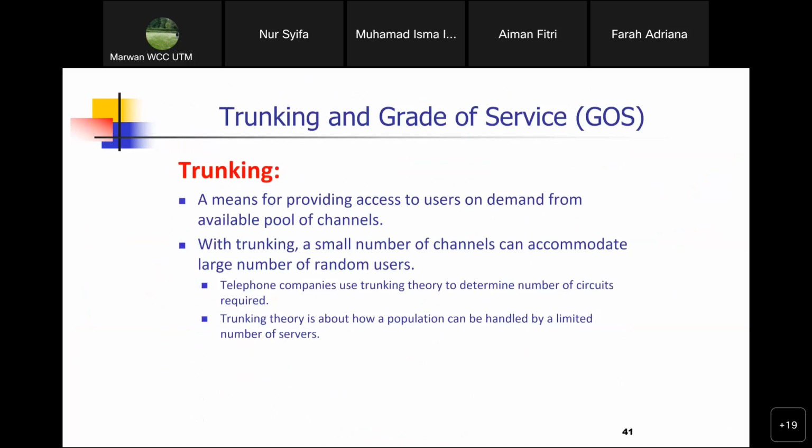We know that the idea for the operator is to have as many available channels inside one cell as possible, because this is what is going to be used to serve the customer. So let's go back to a cluster of 7.